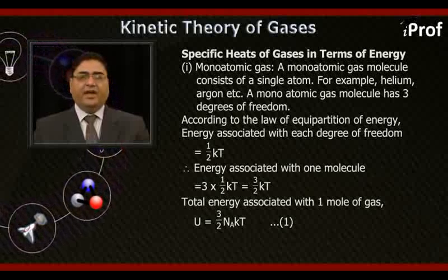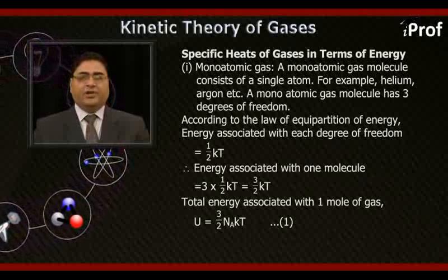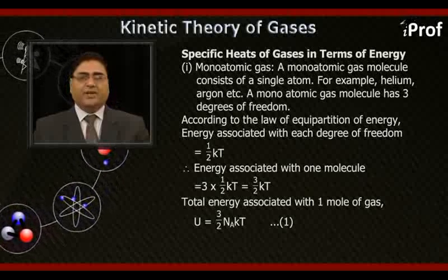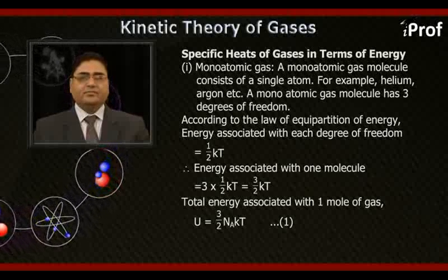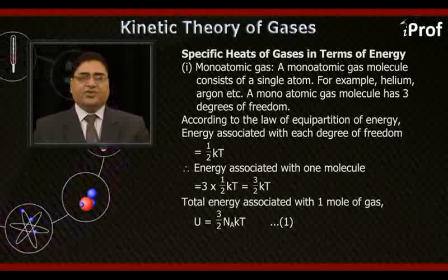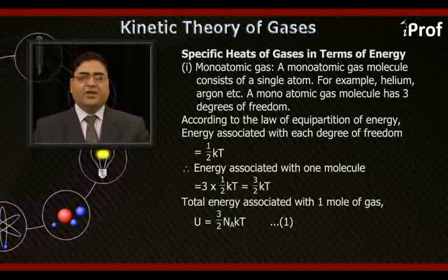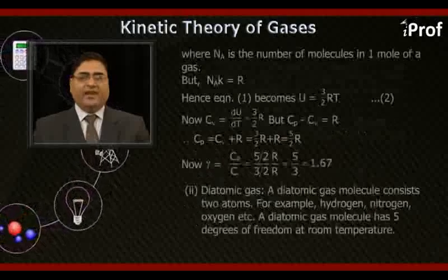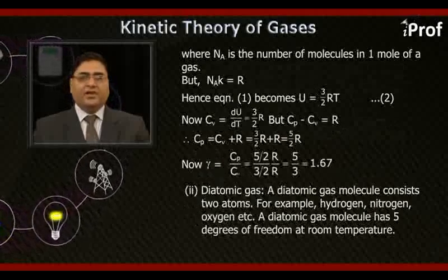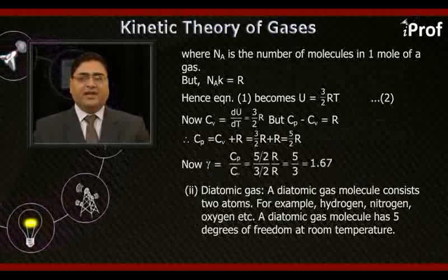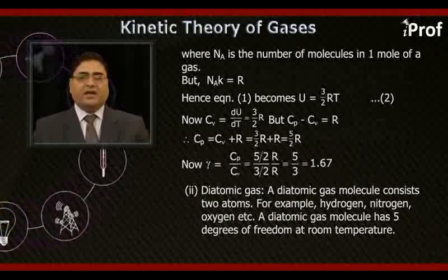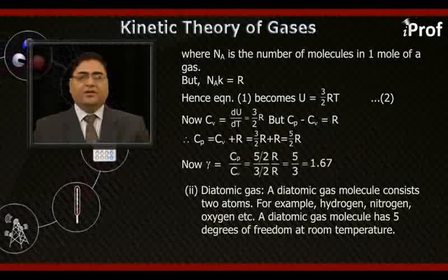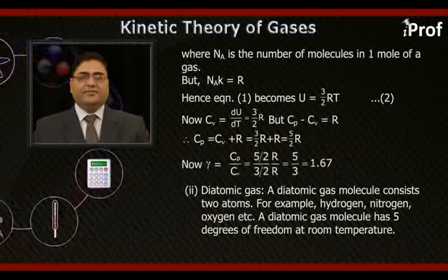Therefore, energy associated with one molecule equal to 3 into half kT equal to 3 by 2 kT. Total energy associated with 1 mole of a gas, U equal to 3 by 2 Na kT, where Na is the number of molecules in 1 mole of a gas, but Na into k equal to R. Hence, equation 1 becomes U equal to 3 by 2 RT.